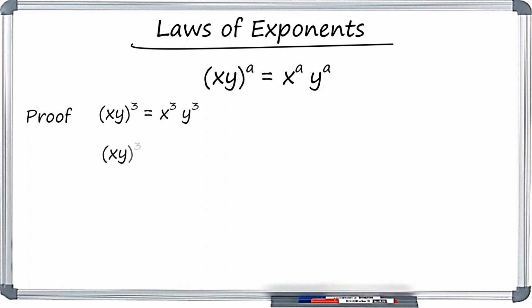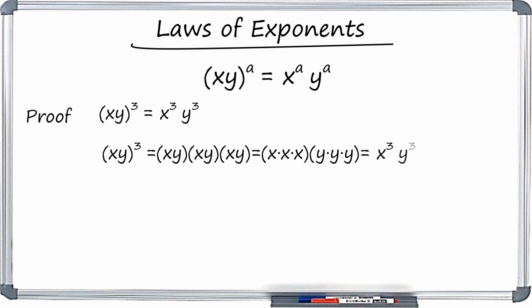So proof here, we have xy raised to 3. That is just equal to x times y times x times y times x times y. So rearranging our terms, we arrive at the answer, which is simply we raise each term to the given exponent. Example, 5x raised to 3 is equal to 5 cubed times x cubed, or 125 times x raised to 3.